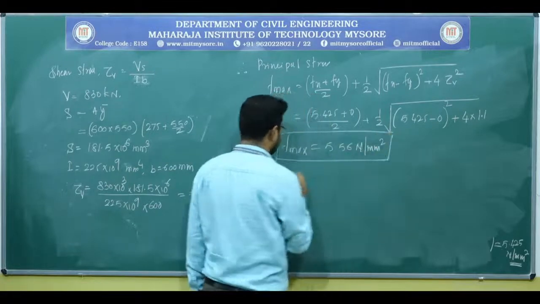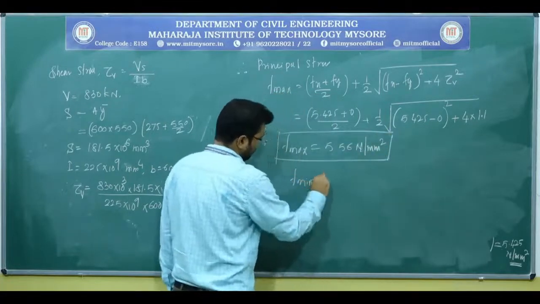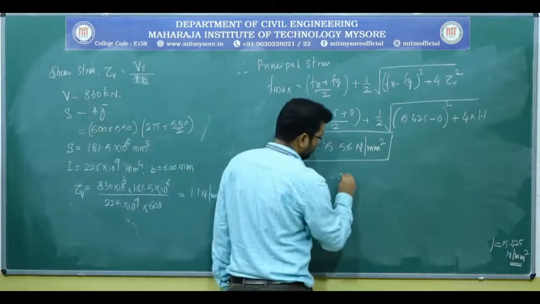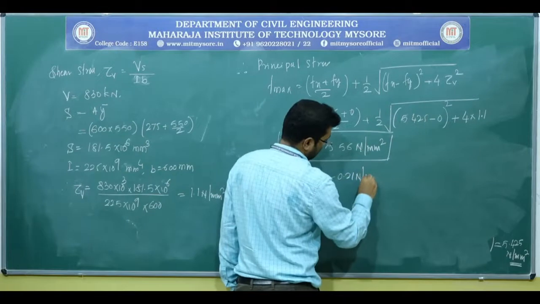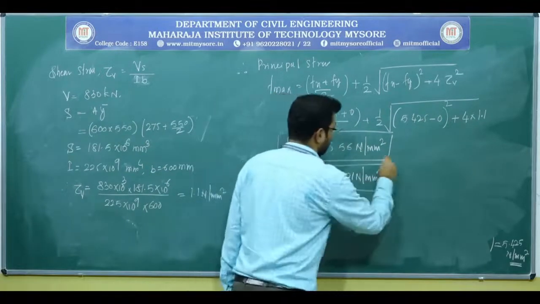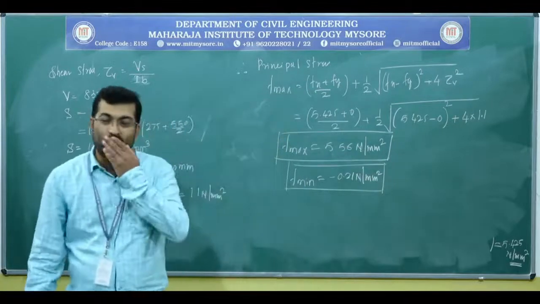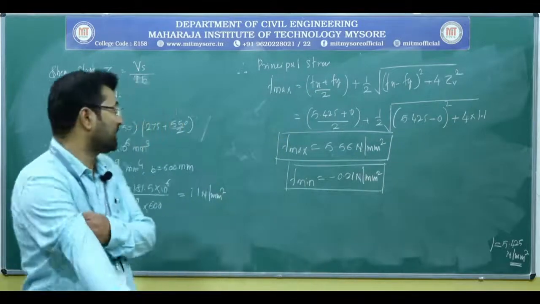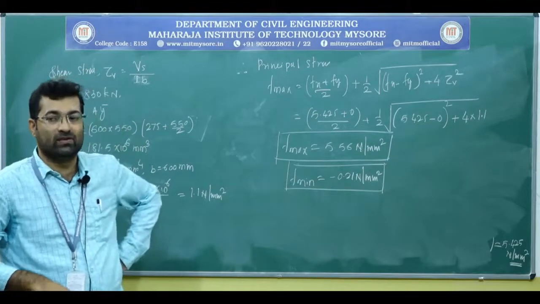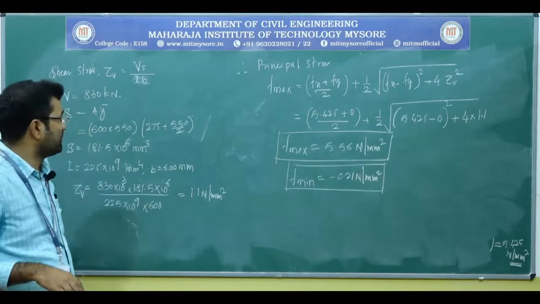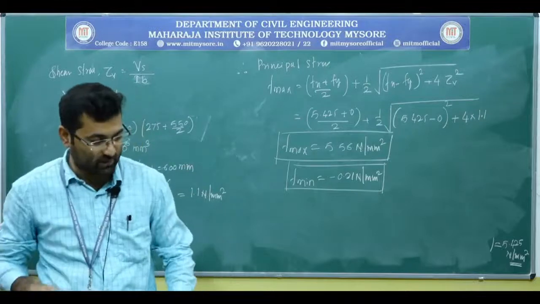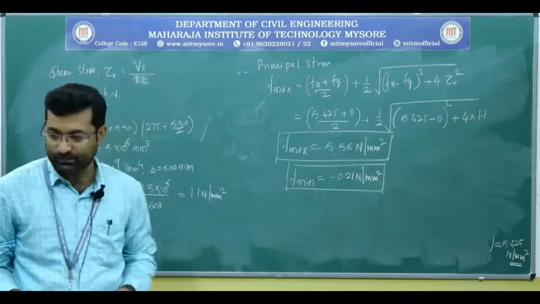Similarly, if you calculate F minimum, you will get F minimum as minus 0.21 newtons per millimeter square, right. So, this is the way we can calculate the maximum principal tension and compressive stresses. Okay. So, with this we will move on to the next problem.